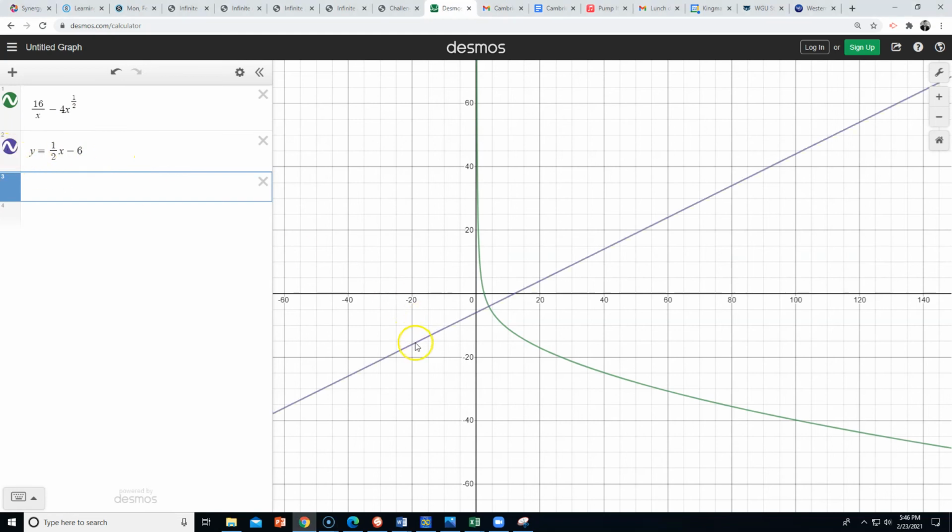As you can see, it is perpendicular to the curve there, and it does meet at the point (4, -4), just what we had. It also meets the y-axis right here at (0, -6), and that's where we found point P to be. So graphically, you can see what's going on, and hopefully that gives you more faith in what we're doing with the calculus and the algebra.